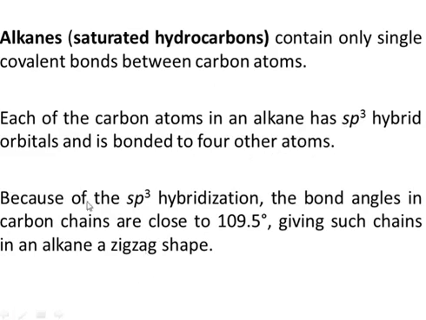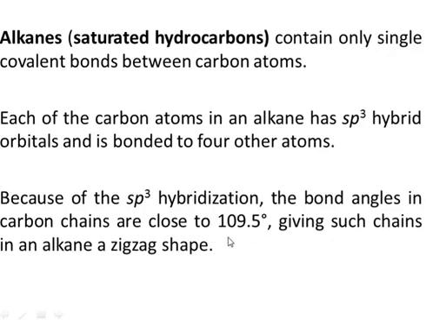Because the hybridization is sp3, as you know, the bond angle is close to 109.5 degrees, giving these hydrocarbons a zigzag shape. In the case of cycloalkanes, such as cyclopropane and cyclobutane, the sp3 hybridization is present, however the bond angle is reduced a lot. You have studied the concept of ring strain.